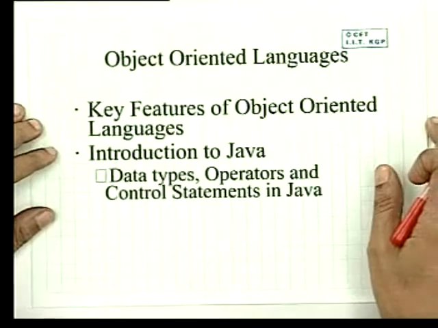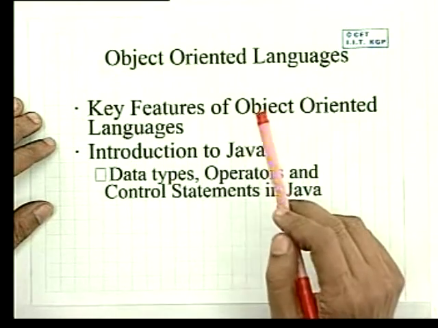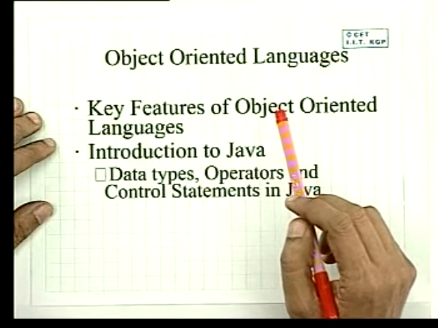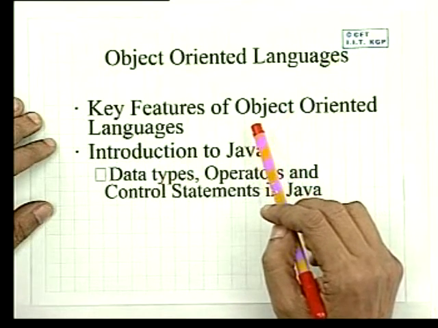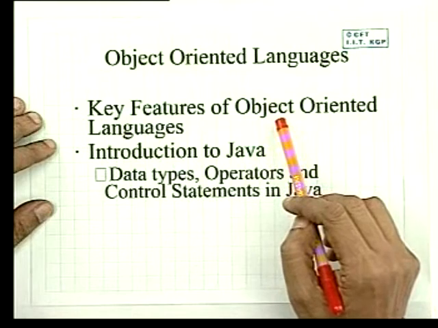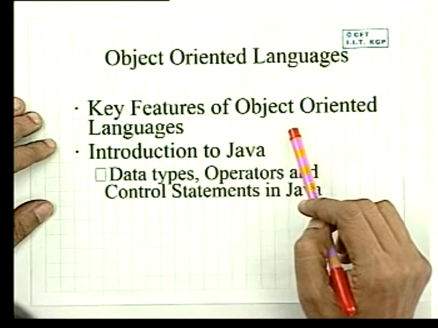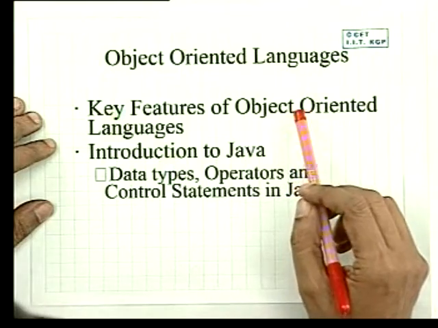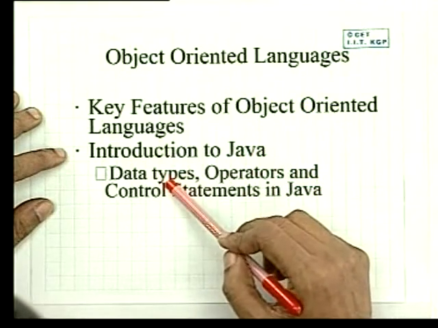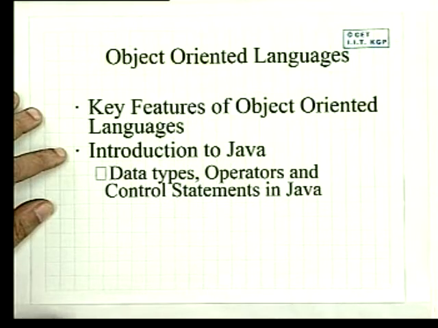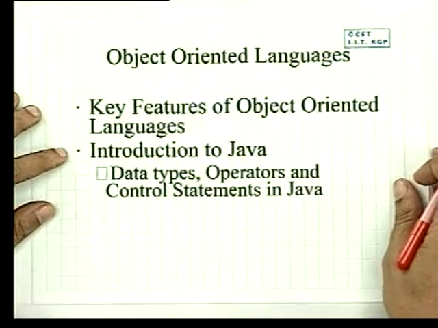After introducing these basic concepts about object modeling and how the objects are interrelated to each other, we will look at the object-oriented languages and the key features of an object-oriented language. In this connection, the course will focus mostly on Java, although there are other object-oriented languages like C++ or Smalltalk, etc. To begin with, we will first introduce basic operators and data types in Java, as well as the control statements in Java.